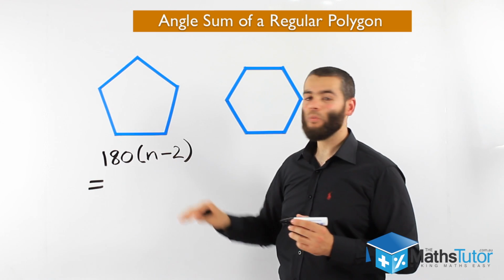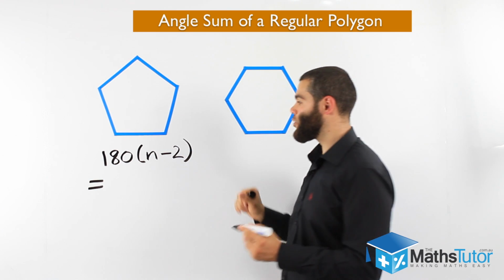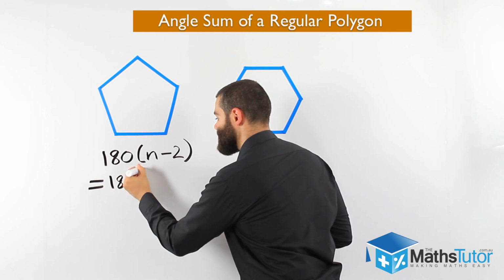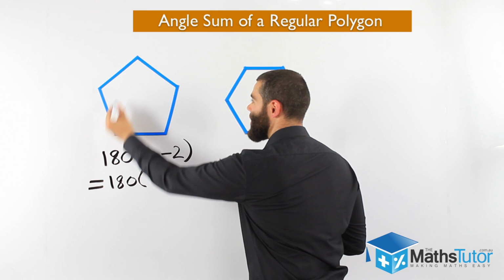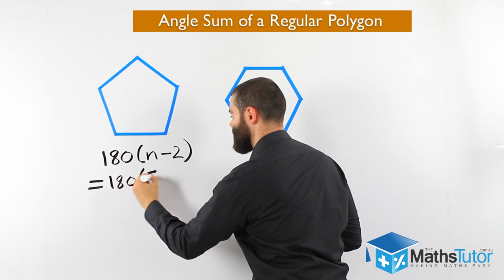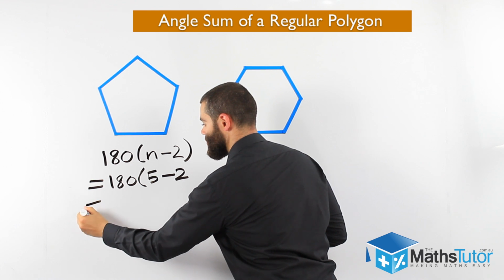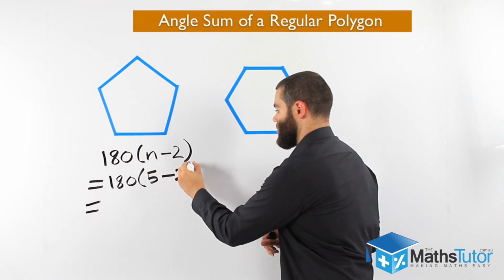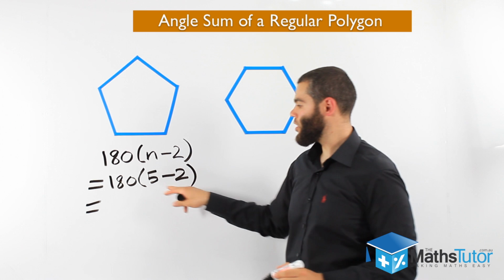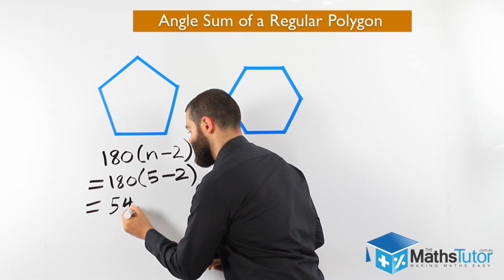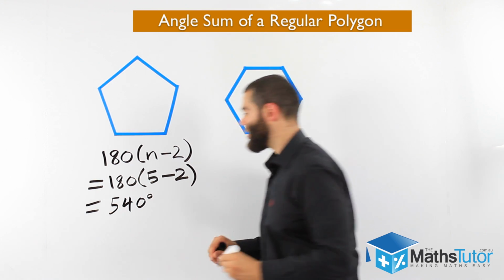The pentagon we know has 5 sides, so to work this out we write the formula. We replace the n with how many sides, we have 5 sides, take away 2. And when we work it out, we have 540 degrees.